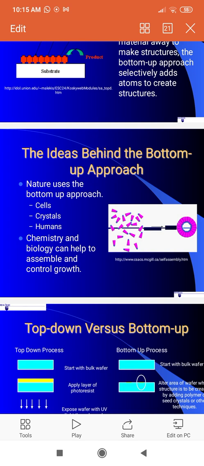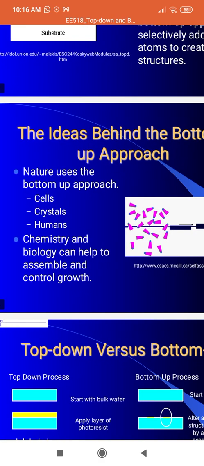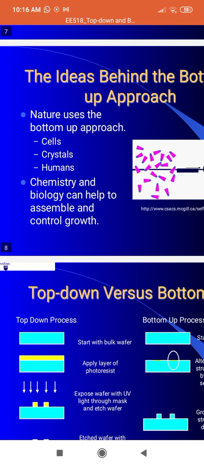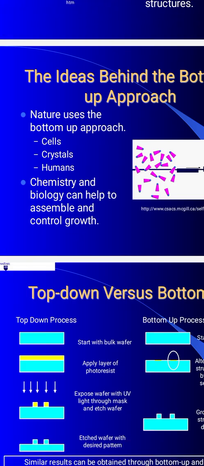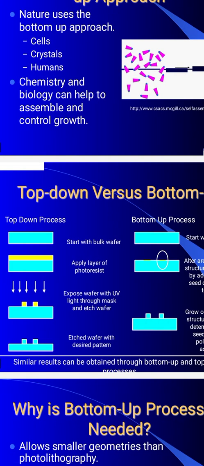We just need the necessary external conditions, so that all these atoms or cells arrange themselves to become the final product. So here we need chemistry and biology to help this assembly or controlled growth.